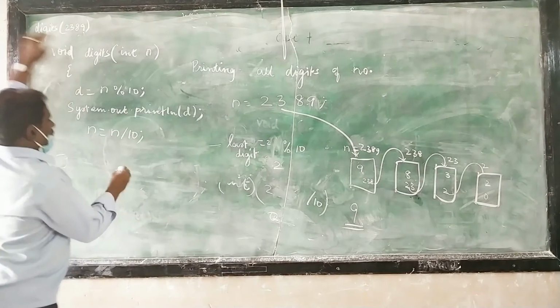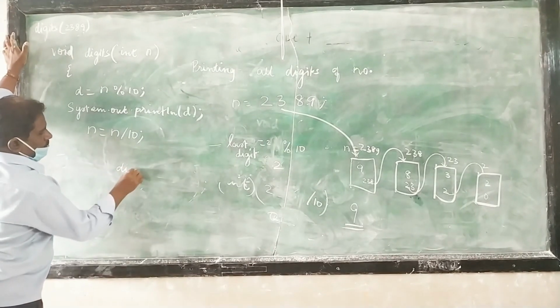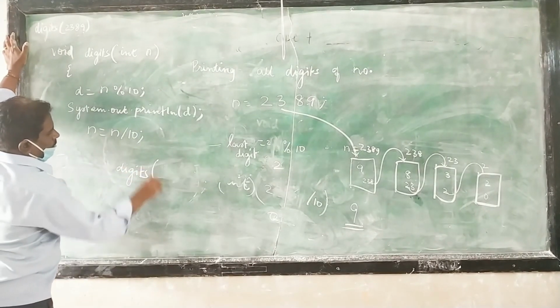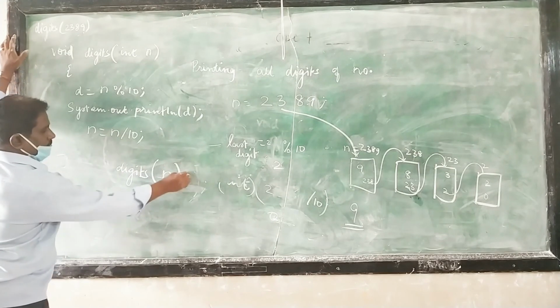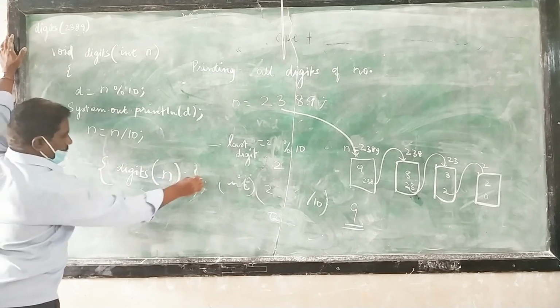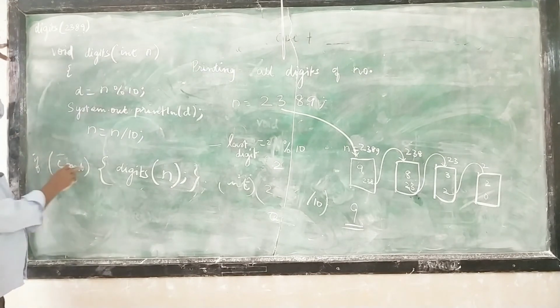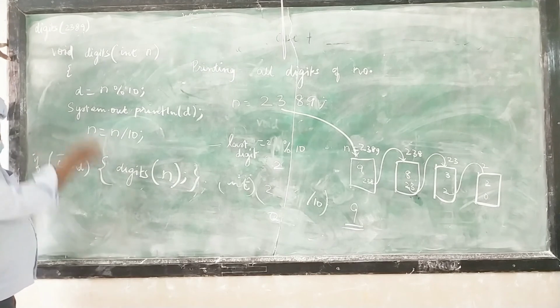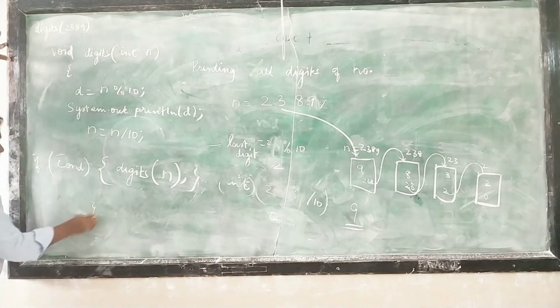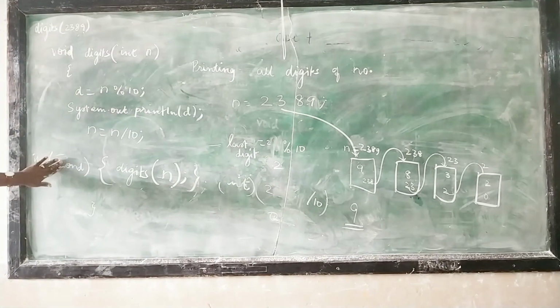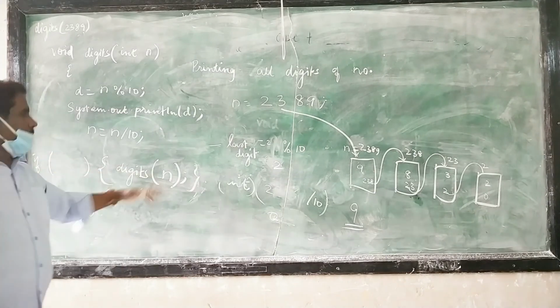So I will call the function digits of n. I will send it, and I will add a condition. We have to add a condition to make the process limited, finite. So what is the condition? The condition we have to set. So this is the process.